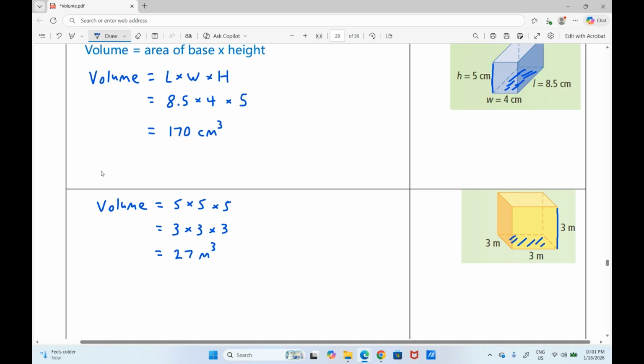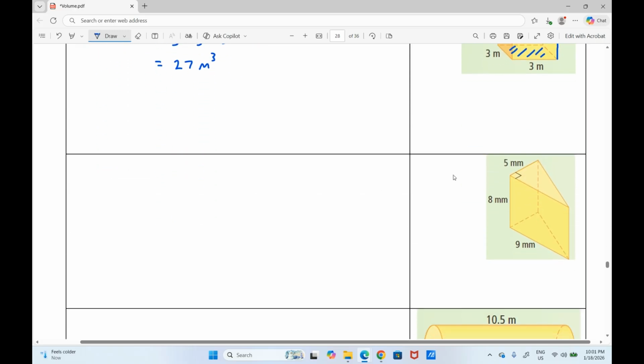Okay, now let's move on to a triangular prism. For a triangular prism, my base is on the bottom here. It's just going to be the area of this triangle. So the area of this triangle is going to be 9 times 5, and then my height is going to be 8. For the volume here, I first want to find the area of my base, which is a triangle.